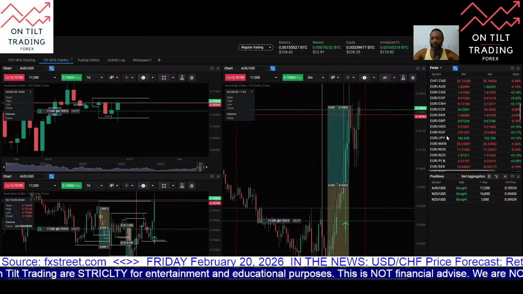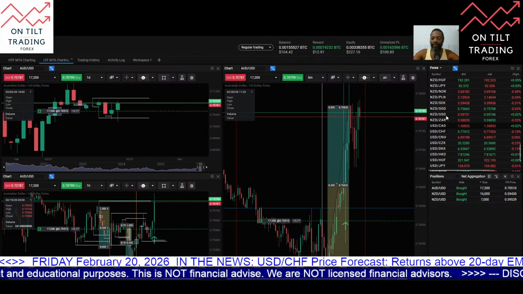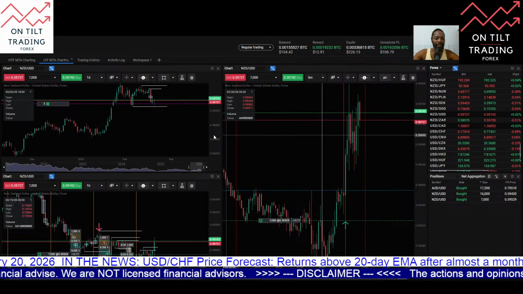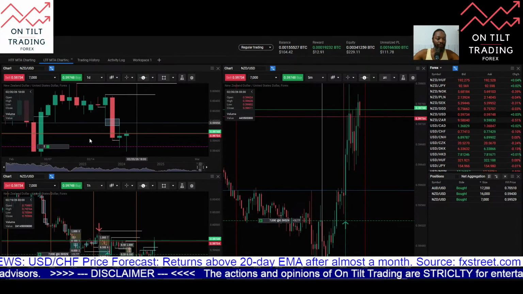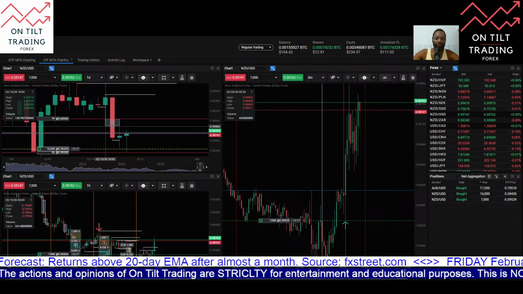And I'll head over to Kiwi dollar. I'm not going to adjust my take profit on Kiwi dollar. It's exactly where I want it to be right now, which is the rebalance point of the internal range liquidity.